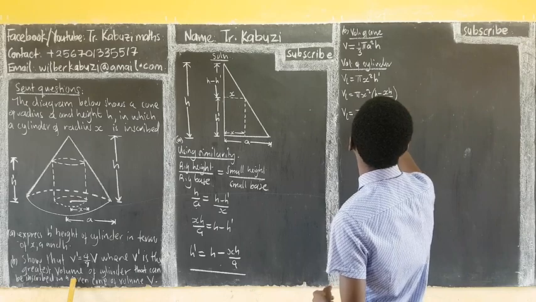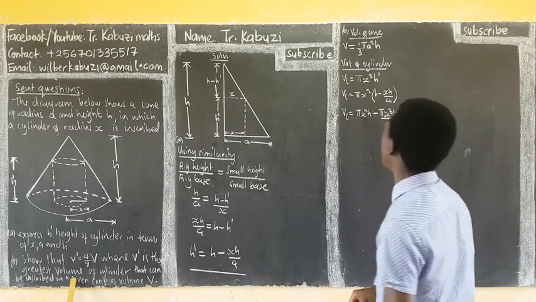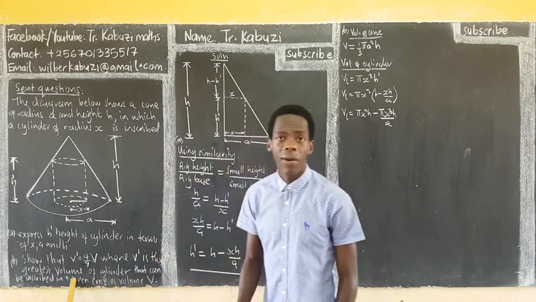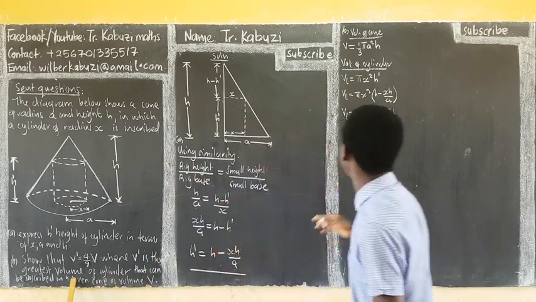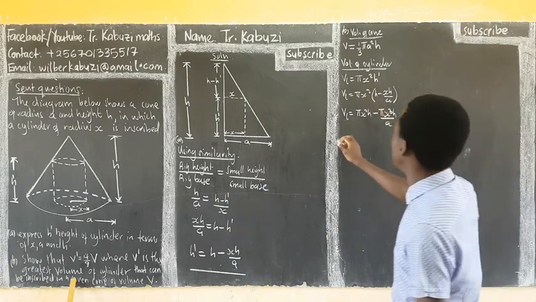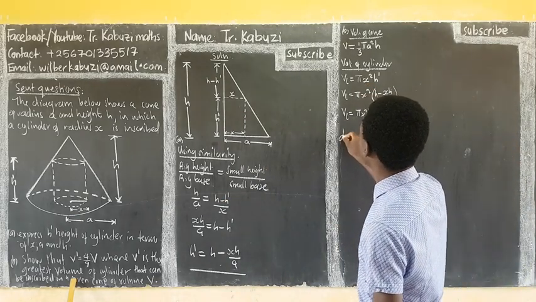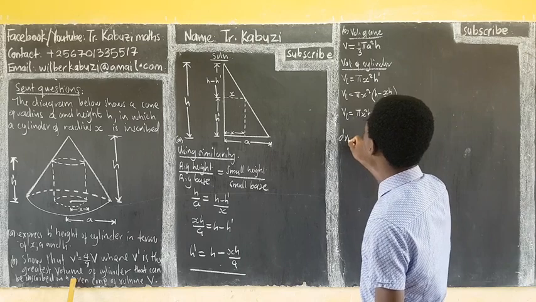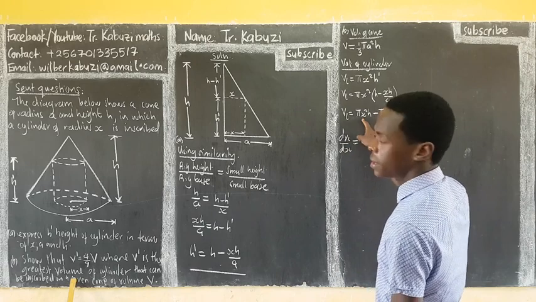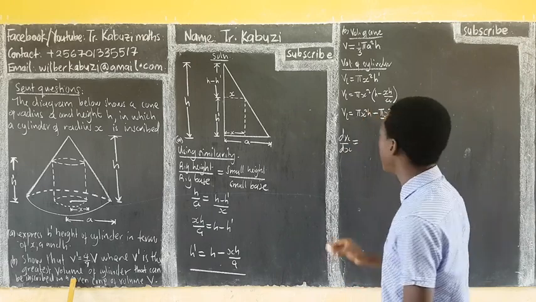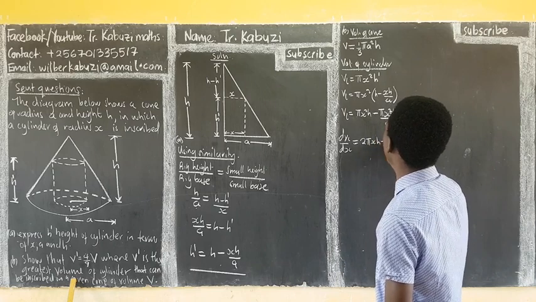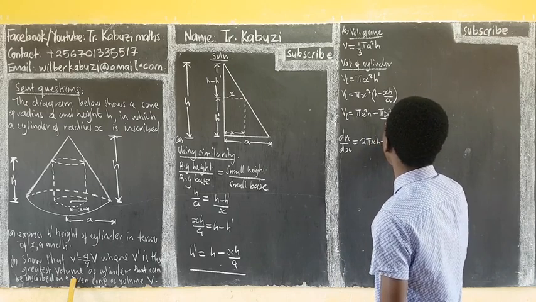Now, because we want the greatest volume of the cylinder, we differentiate this. Now you can see that we are going to be varying with the radius. So when you differentiate this with respect to x, you reduce the power by 1, you get 2 pi xh minus 3 pi x squared h over a.